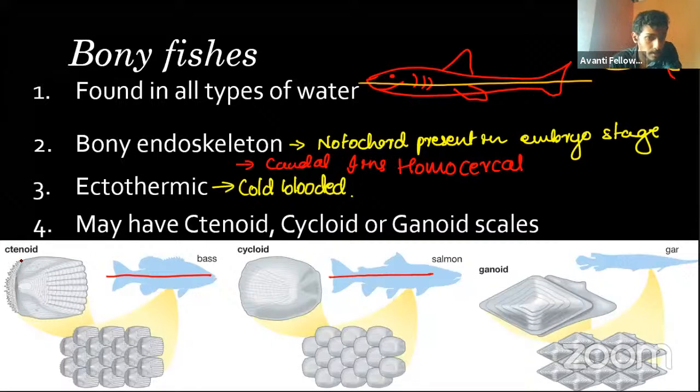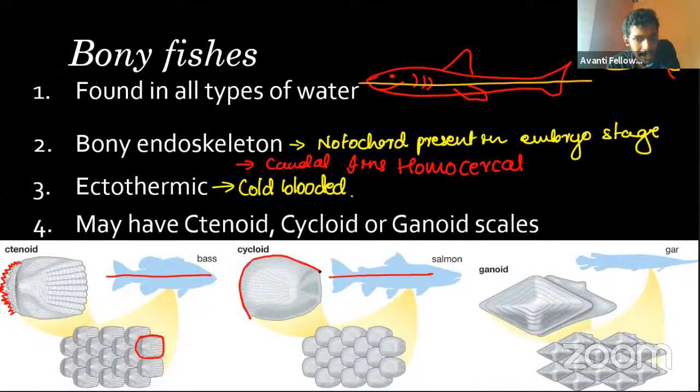If you think about the ctenoid, as you can observe, it's somewhat square in shape, and also has a little bit of markings on one end. So these are called ctenoid. What are cycloid? These have this kind of shape.